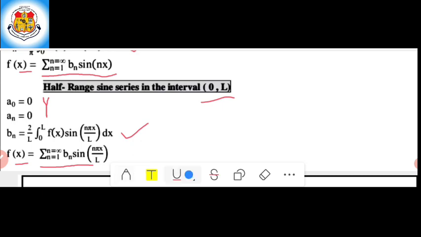So these are the formulas to determine the half-range cosine series as well as the sine series.